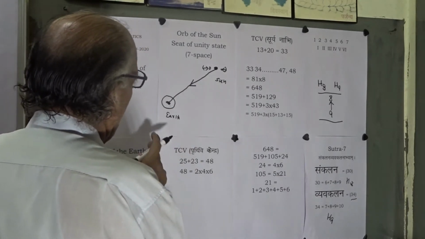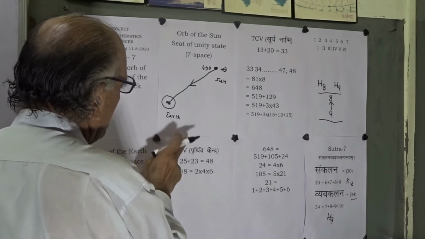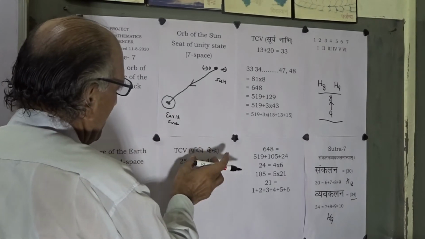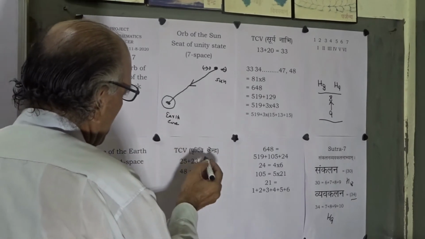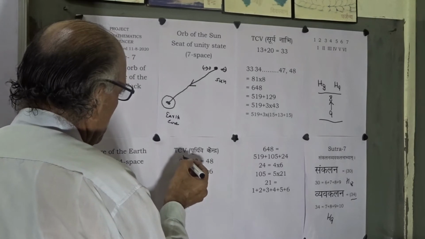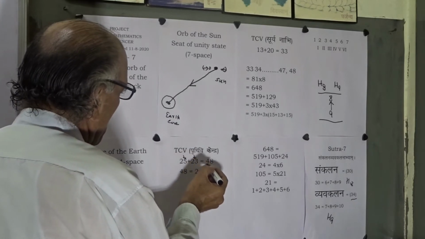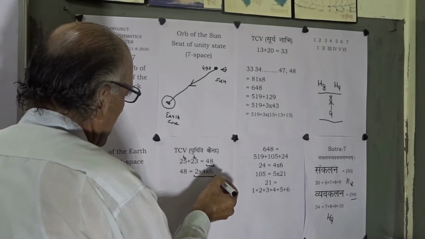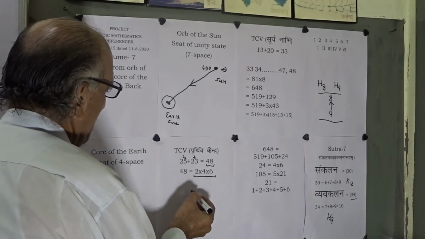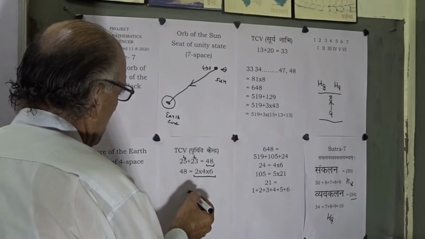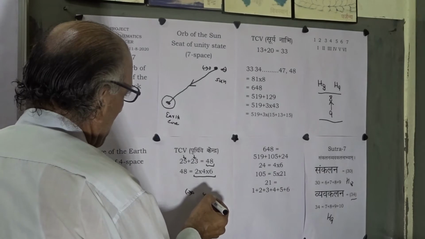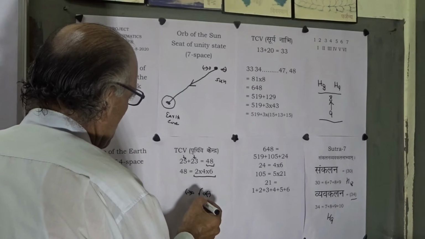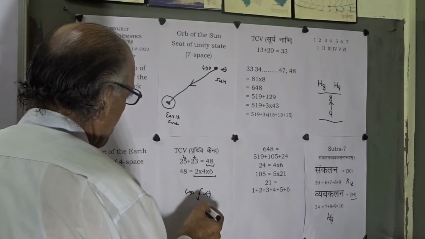Now, the earth means Prithvi, and core of earth would mean the earth kendra, Prithvi kendra. The value Prithvi kendra is of TC values 25 and 23 of summation value 48, with 48 having an organization 2 cross 4 cross 6, which is parallel to the dimensional flow within 6 space domain, from 6 space to 4 space to 2 space.